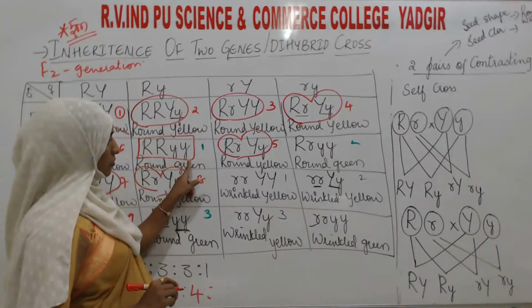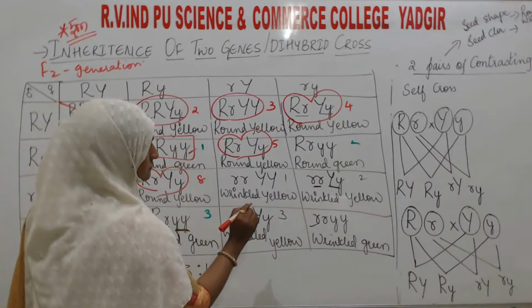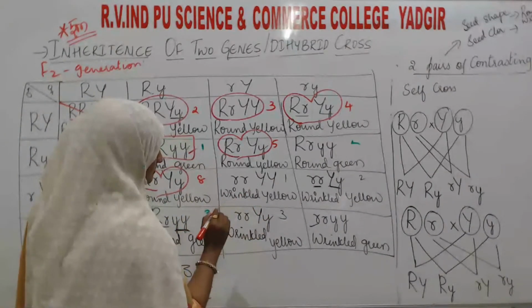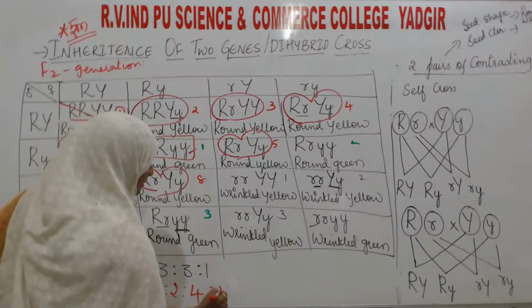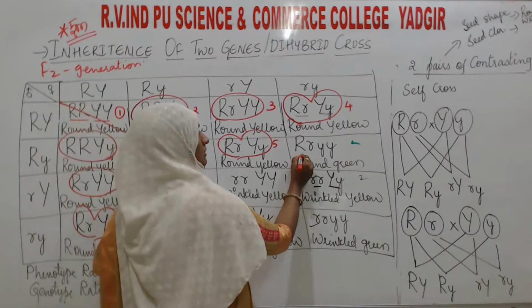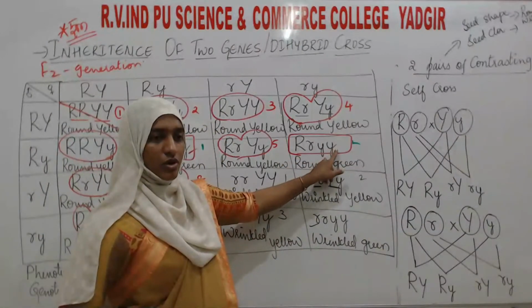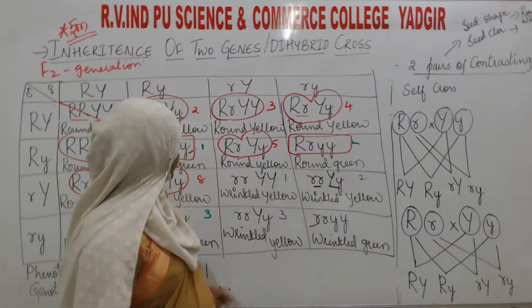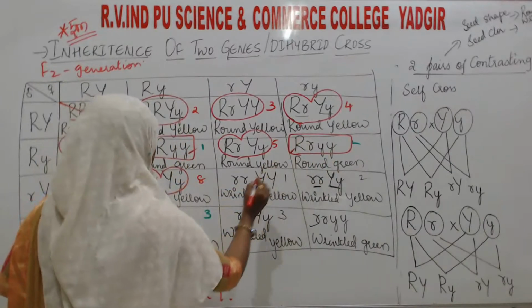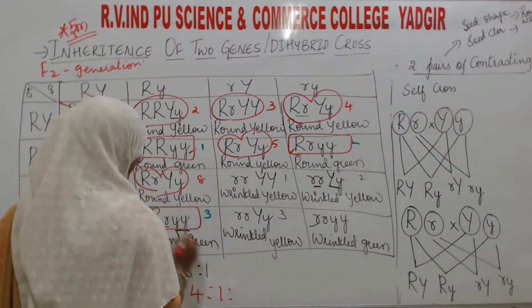Then again, here this one: capital R, small y, small y. 1. Then only one is there. 1. Then capital R, small y, small y. How many are there? 1, 2, 2.